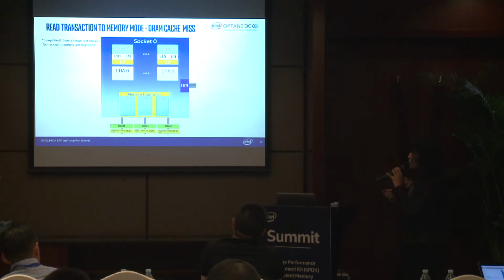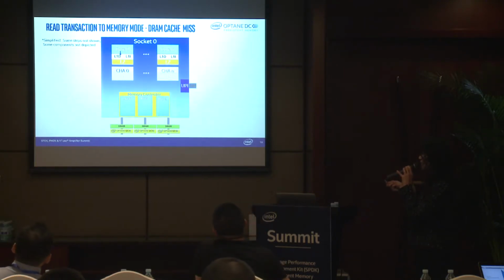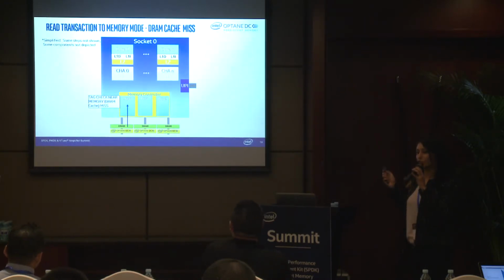Now what happens if you have a DRAM cache miss? I'm going to skip ahead: it misses the L1 cache and L2 cache, sends it to the CHA, and misses in the L3 cache. Now the request goes to the memory controller, and from the memory controller the request is sent to the DRAM. The data is retrieved, and here the memory controller determines that this is not the line that the core is requesting.